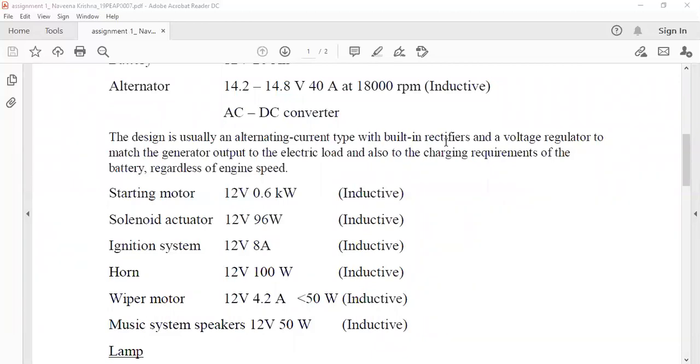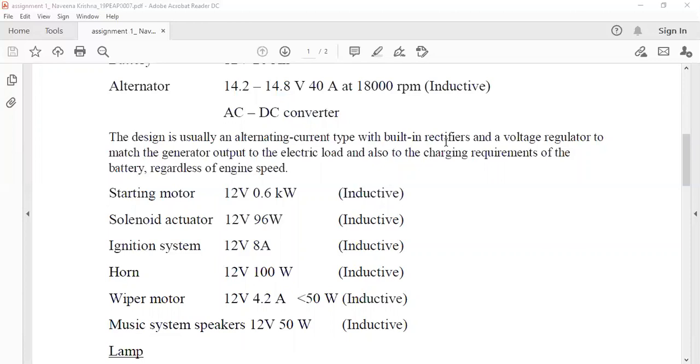First of all, the starting motor. Normally, the starting motor, solenoid actuators, ignition system, wiper motors, and music system speakers, these all are inductive loads, and all run with 12 volts, but the power of each changes.